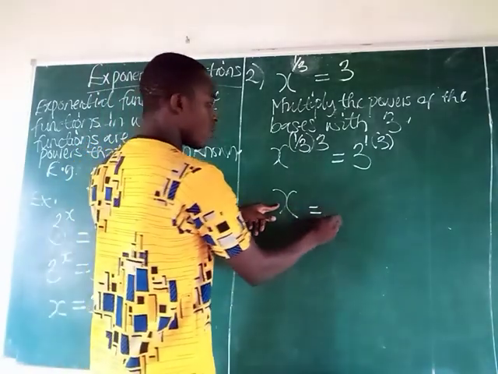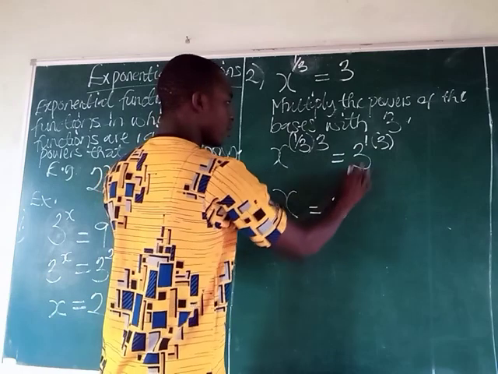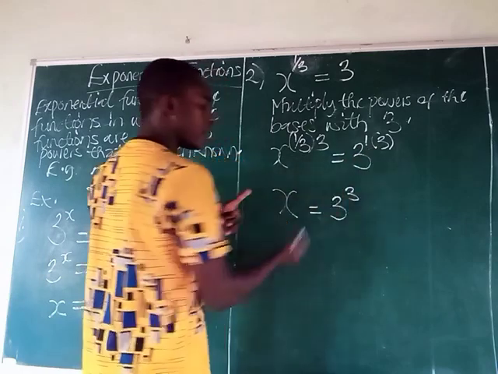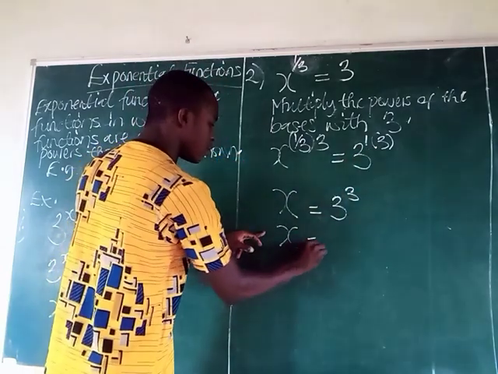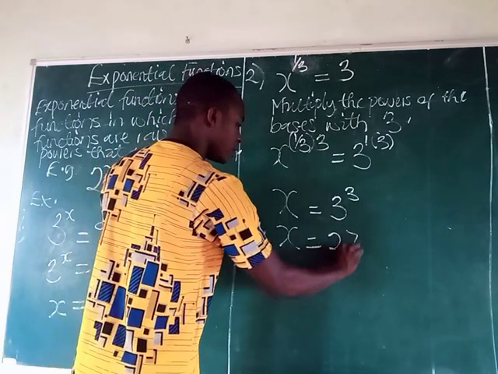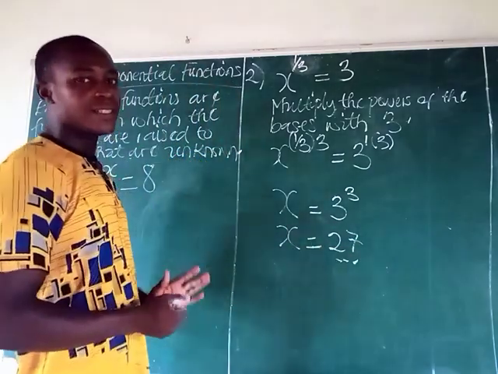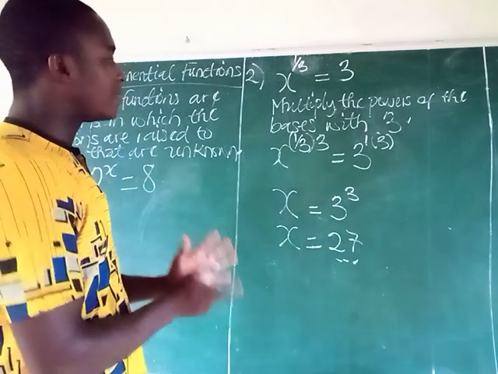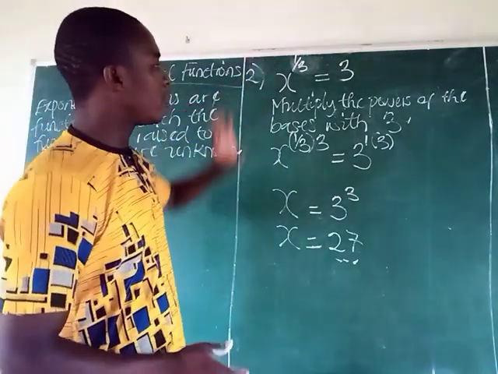Then this is now equal to 3 raised to the power of 1 times 3, which is 3. And so our x is equal to 27. That is how you tackle situations like this.